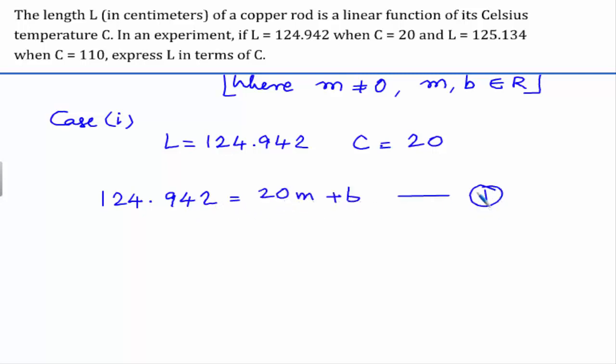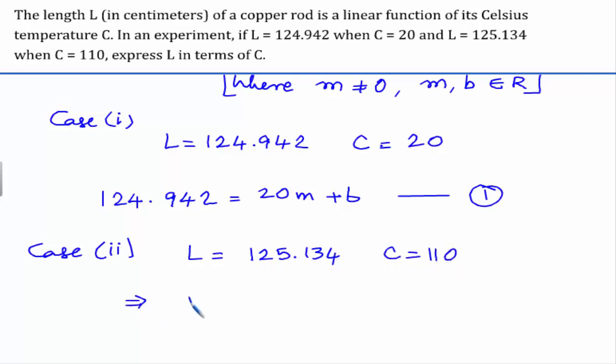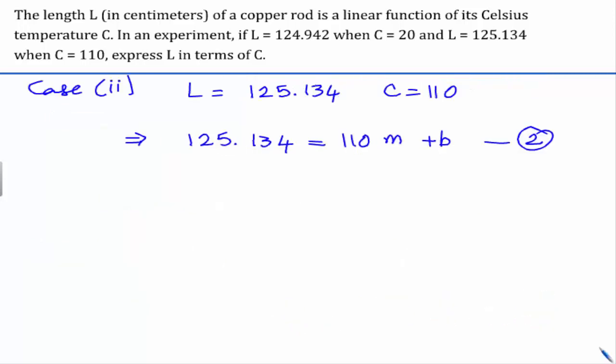This is the first equation. Now case 2. When L is 125.134 and C is 110, now the equation will be 125.134 is equal to 110m plus b. This is the second equation.